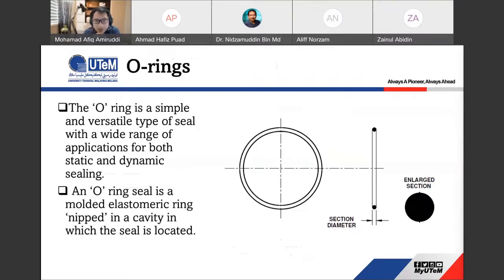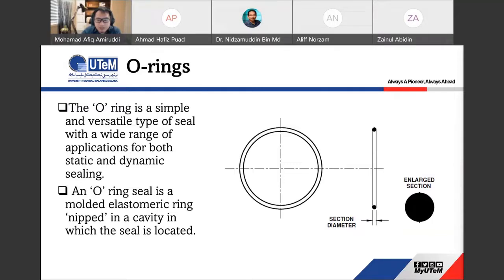Just a simple circle dimension. They have some section diameter, like a ring inside it. An O-ring is a molded elastomeric ring nipped in the cavity in which the seal is located. In the radial motion, you can see that there's some nip emerging from the O-ring diameter, very small.